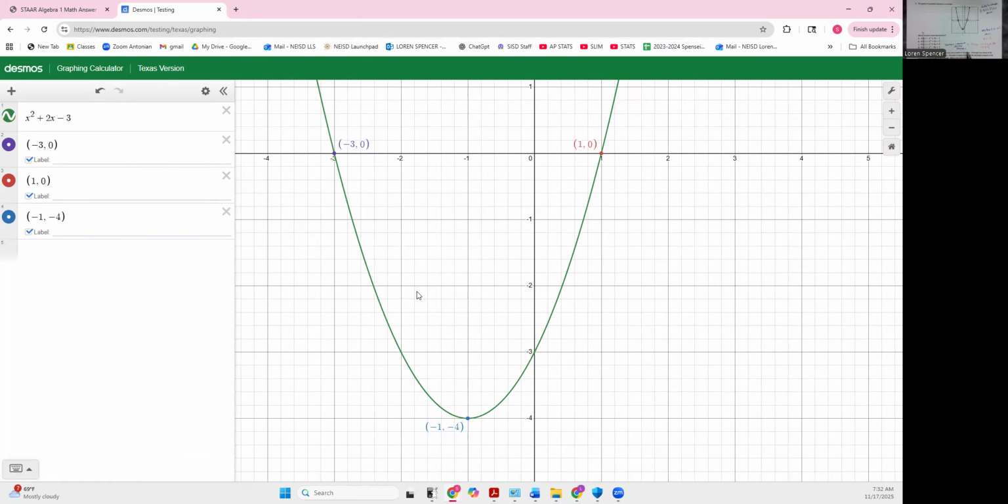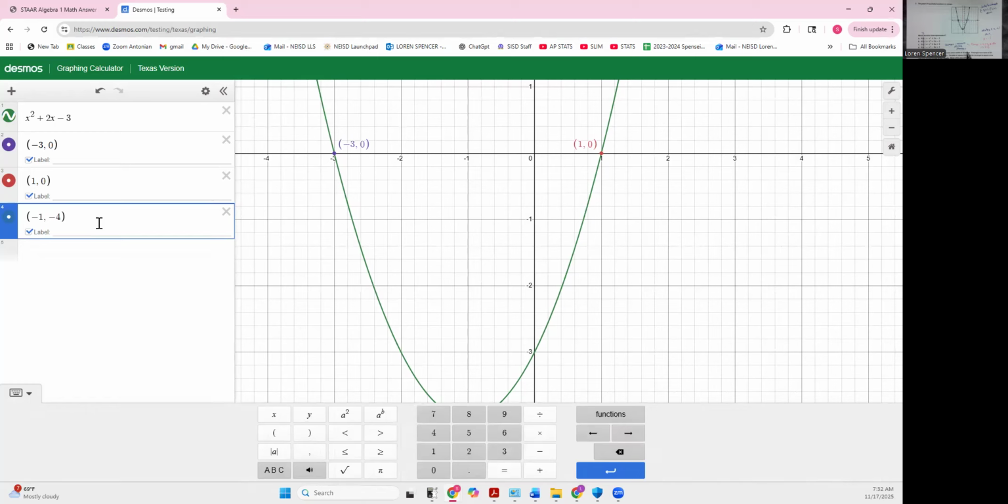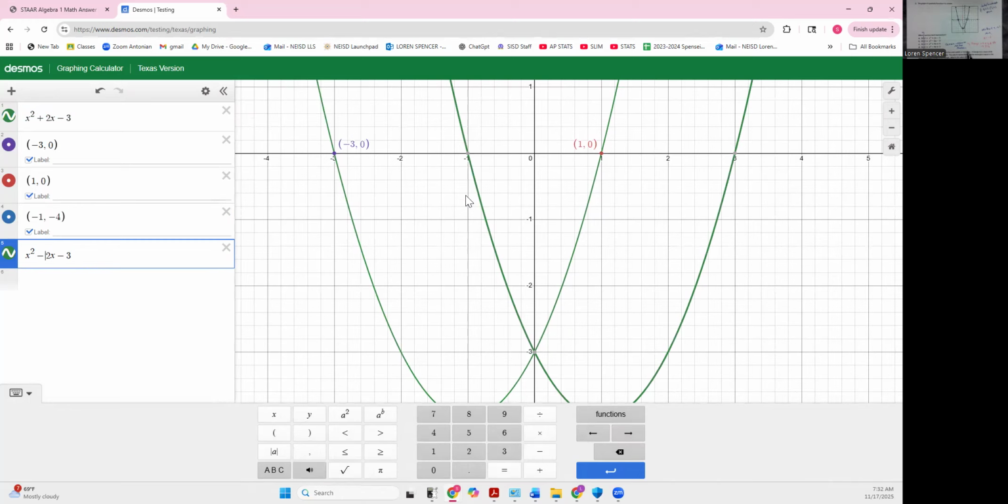So that looks good. Just for fun, I'm going to plug in one other equation so that we can see that it's not right. So let's say I plugged in equation number 2, which is the same one as number 1, except the sign has changed. So I'm just going to copy it. Oops, not the right one. So we can get rid of it.